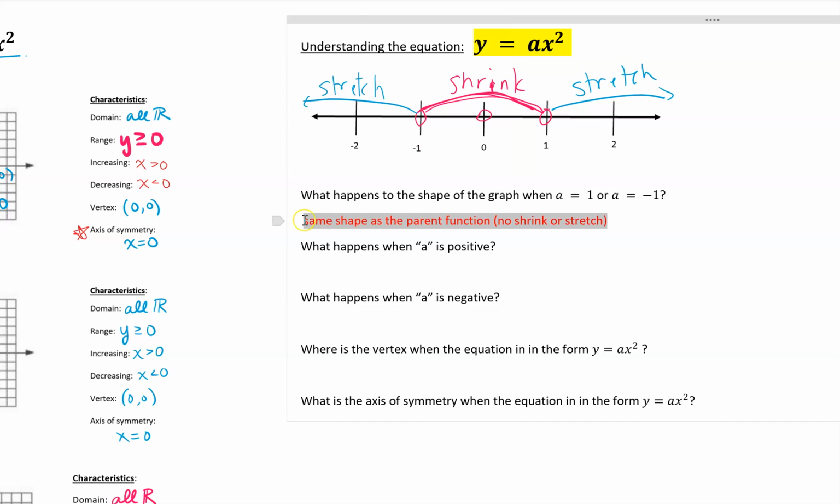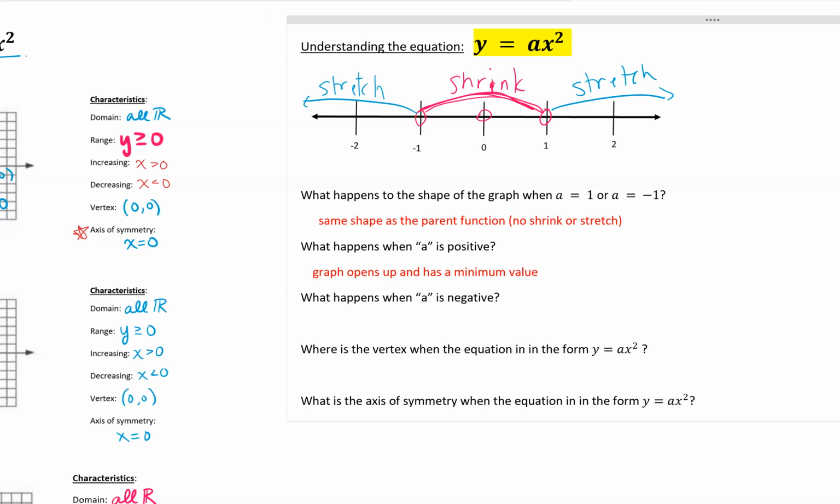Let's make that red. Okay, that's what happens when a is equal to 1 or -1. So what happens when a is positive? That's when our graph opens up, and we know it has a minimum value because its vertex is at the bottom.